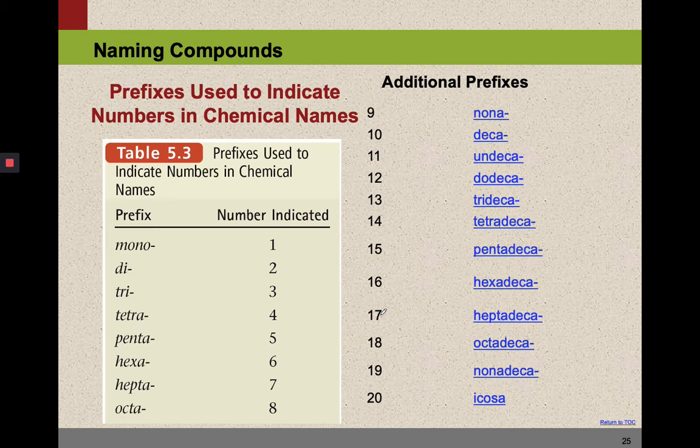If there's only one, and this only happens for the second element, we say mono, and then two is di, three is tri, tetra, penta, hexa, hepta, octa. I'm pretty sure you are familiar with these Greek prefixes because you use them to name your polygons also.